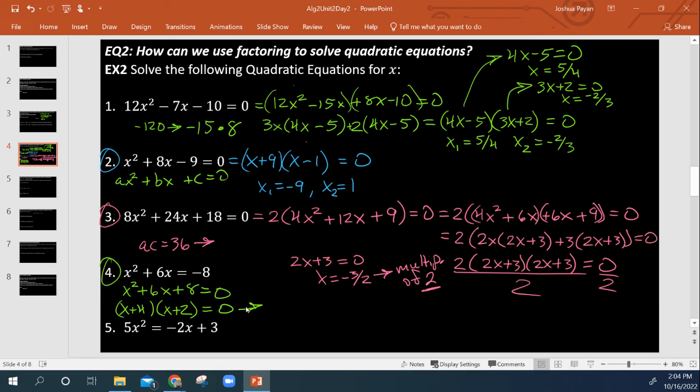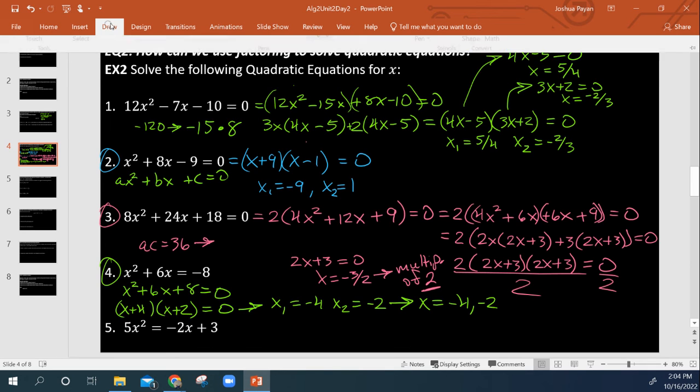And that means my two solutions, x1 would be negative 4, x2 would be negative 2. Another way you'll see solutions to a quadratic or to any polynomial expressed is x equals, and then commas separating the solutions. I just want to throw that out there in case you see that.